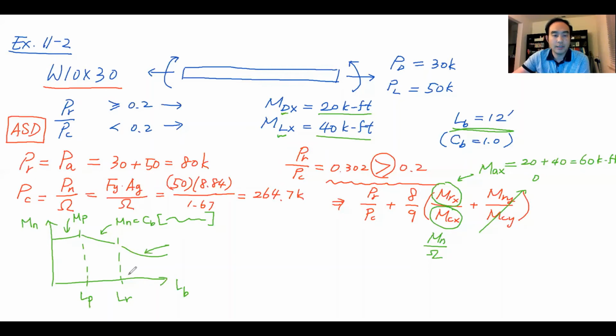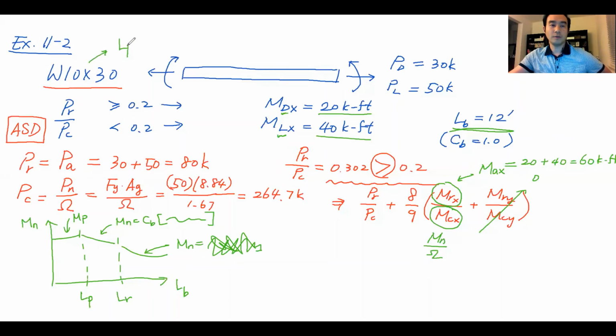The third one, the elastic lateral torsional buckling equation, looks way more complicated and we don't need to worry about it. So you can easily look up the value of L sub P and L sub R from the table in the steel manual. We already went through that a couple of times.